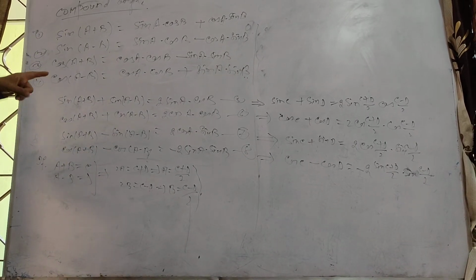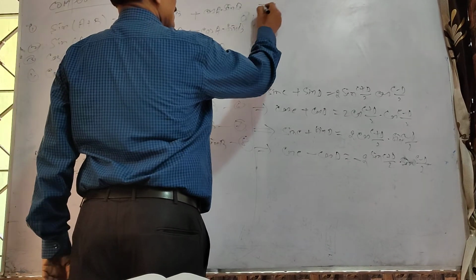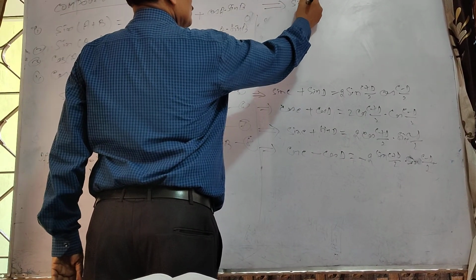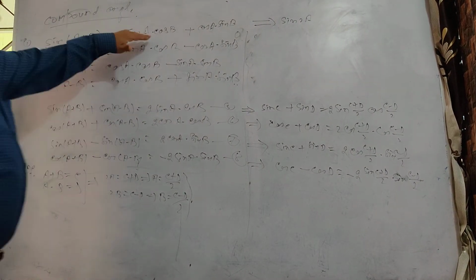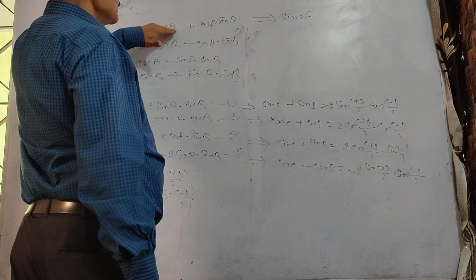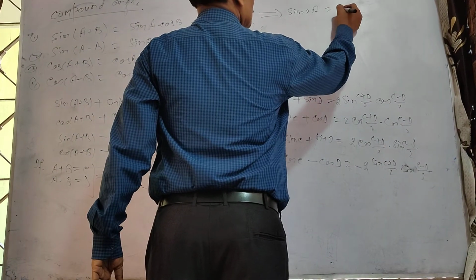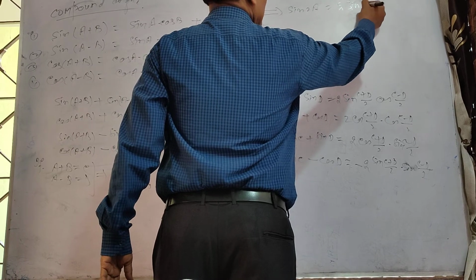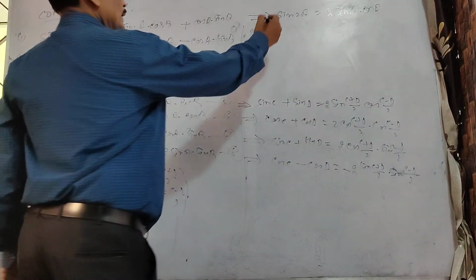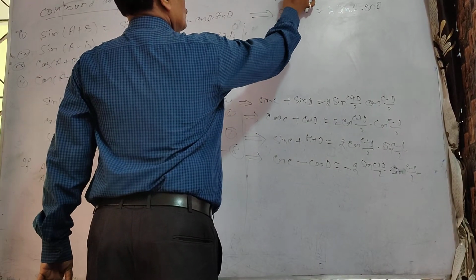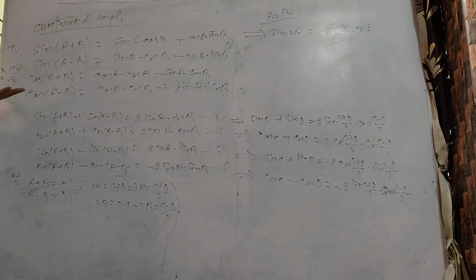Again, when you consider A equal to B, in this result, sin 2A, from A plus B, this becomes sin A cos A plus cos A sin A, this becomes 2 sin A into cos A, when A equal to B, that is multiple angle.